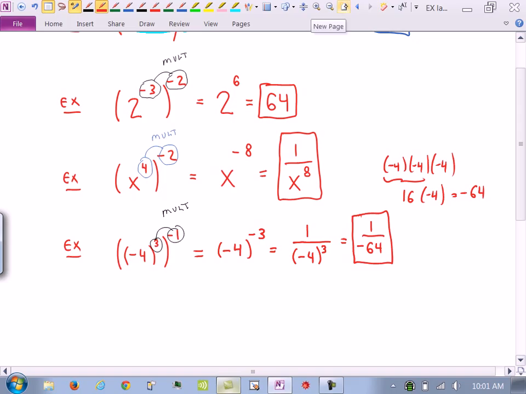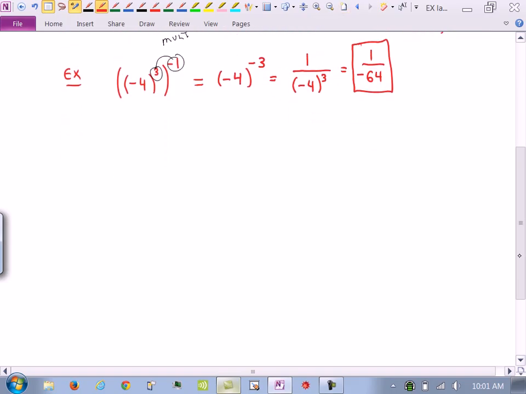As you can see, it just starts to get kind of ugly here. And if you don't think it does, then how about take a look at this one? 4 x squared y cubed, all of it squared. So what property do we have here?